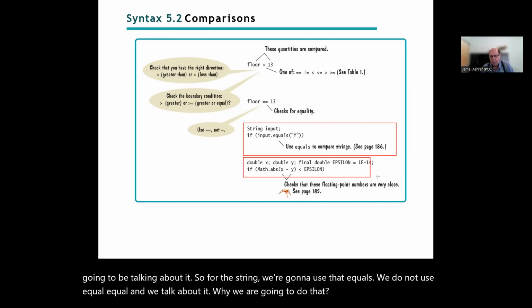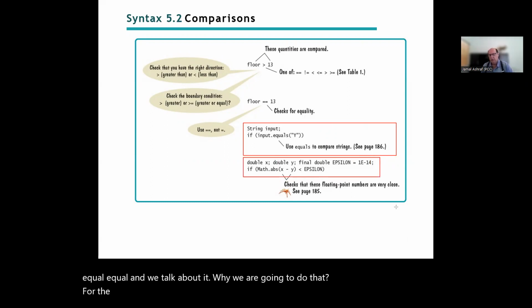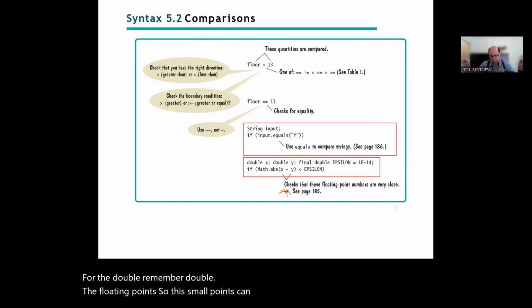For the double, remember double has floating points, so decimal points can go on for long numbers. It can be, let's say, 12.00000005, or it can be 12.05, or it can be 12.00001.